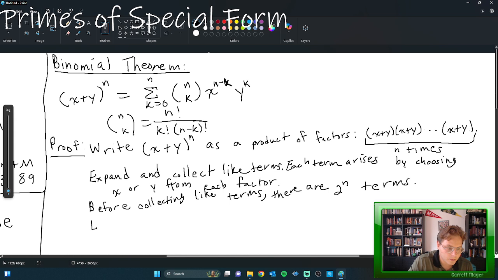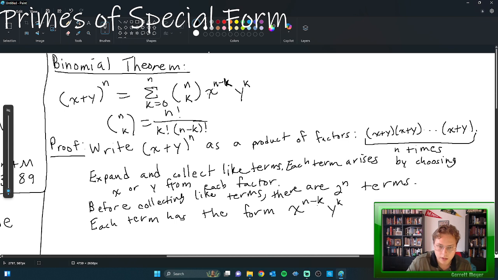Each term has the form x to the n minus k and y to the k, because you have n different factors, and say you choose y k times out of that, then you have to choose x n minus k times.